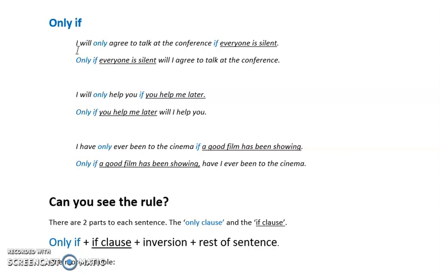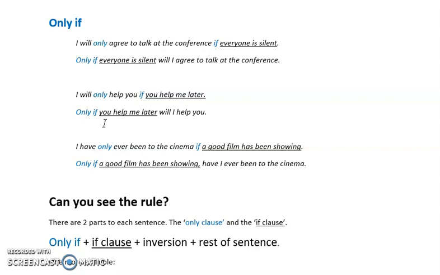Only if. I will only agree to talk at the conference if everyone is silent. I'm going to write with only if. Only if everyone is silent will I agree to talk at the conference. Let's look at another example. I will only help you if you help me later.